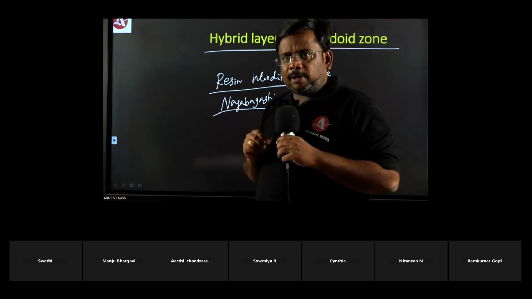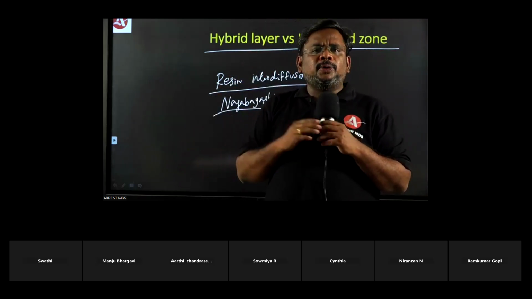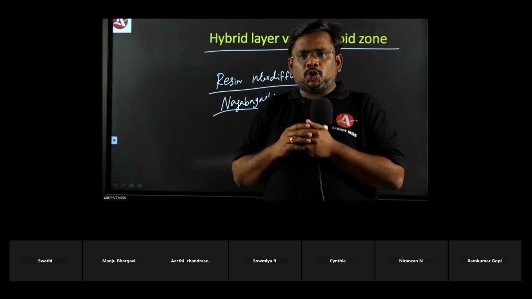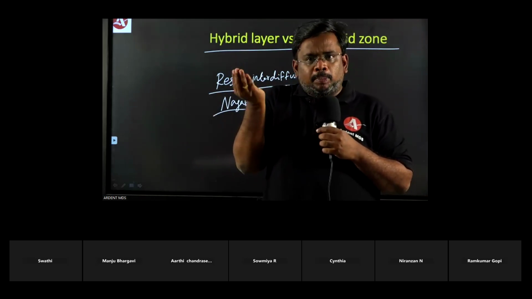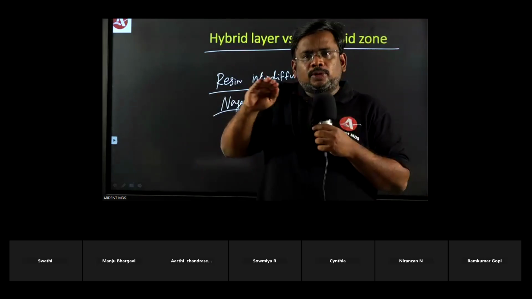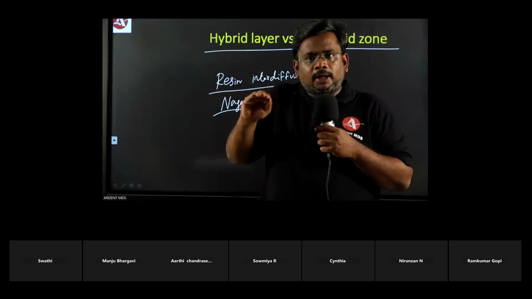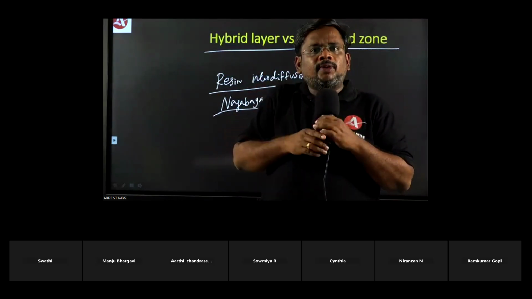What is called a hybridoid zone? This is also very important, students. The hybridoid zone is when, after you have done the etching process and you dry the dentin, you should not apply air. You just take blot paper and remove the excess wetness of the dentinal tubules. When you give air pressure, what will happen?